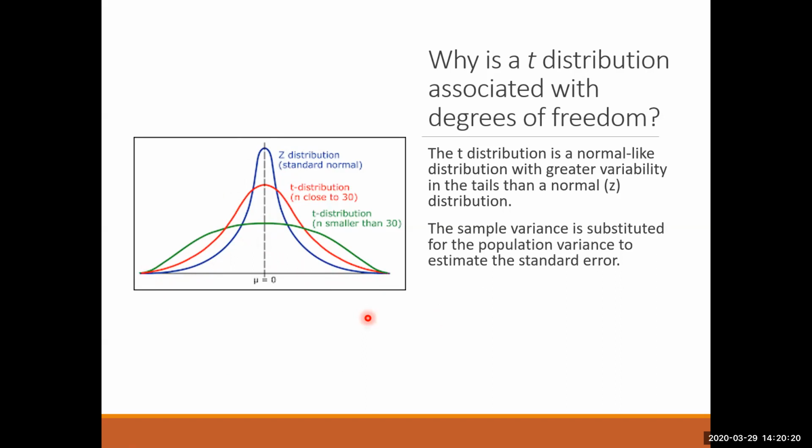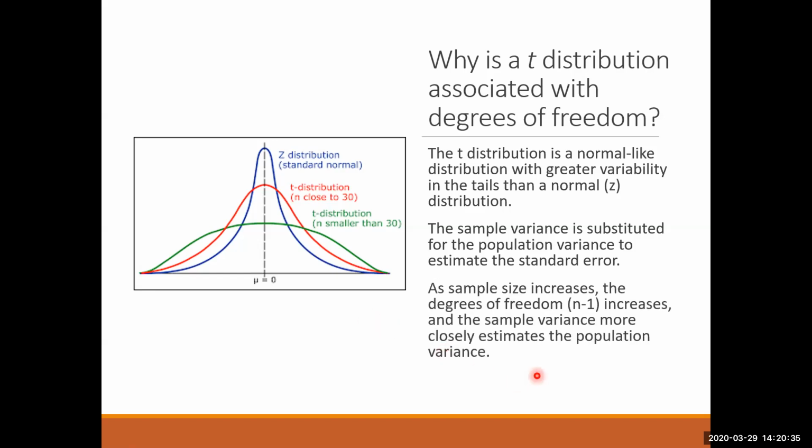Once again, we hope that the variance from the sample is similar to the variance from the population. And one of the ways we do that is to increase our n. As sample size increases, the degrees of freedom increases, and the sample variance more closely estimates the population variance.